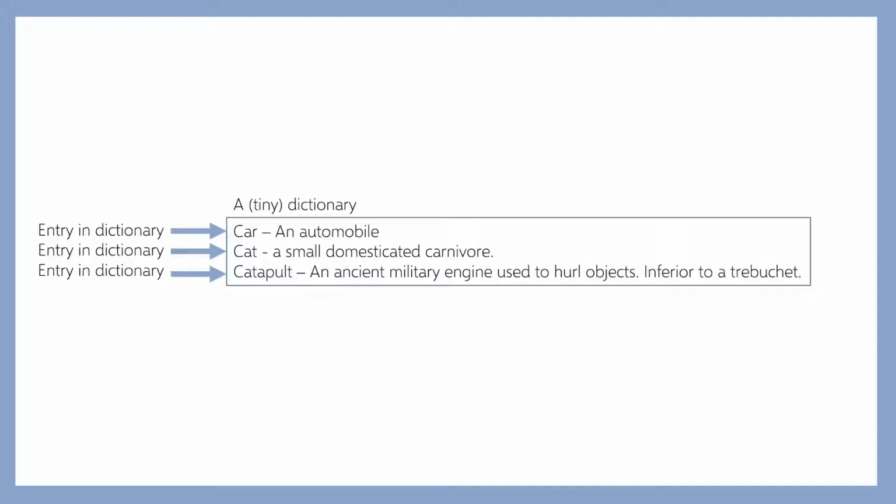If I were to open up our tiny dictionary again and look for the word catapult, I would get that a catapult is an ancient military engine used to hurl objects, inferior to a trebuchet. Now, this is a pretty limited dictionary because if I were to look for baseball, it's not in here. If for some reason the definition of a catapult changes, I can't really change it, but it's good enough for now. This is a general structure of a dictionary.